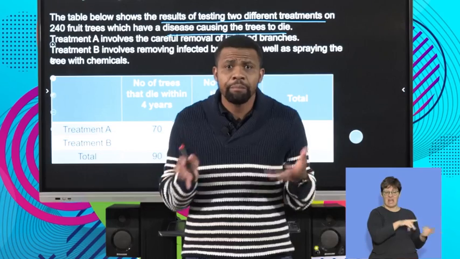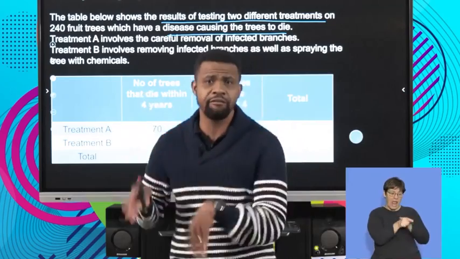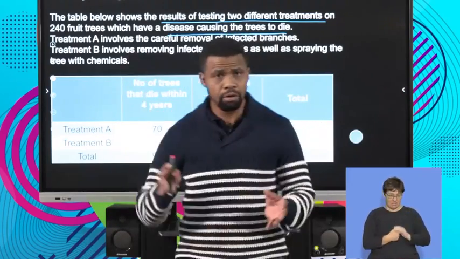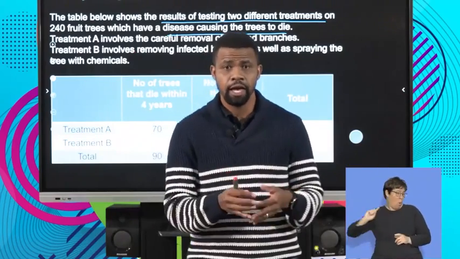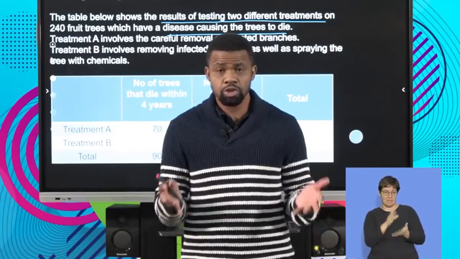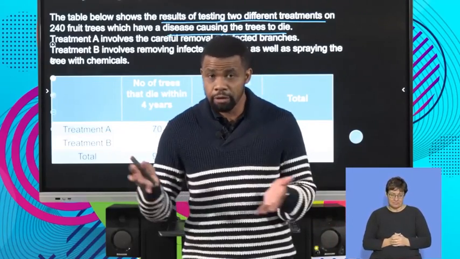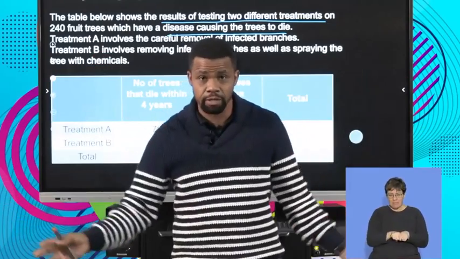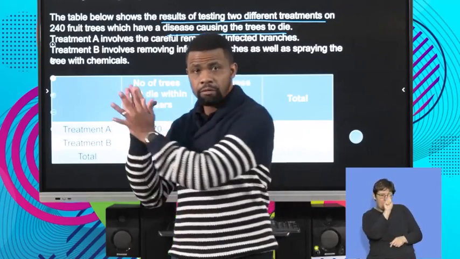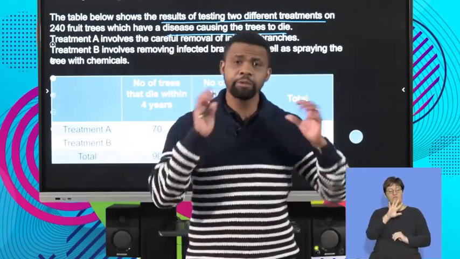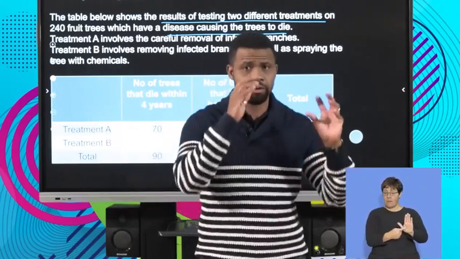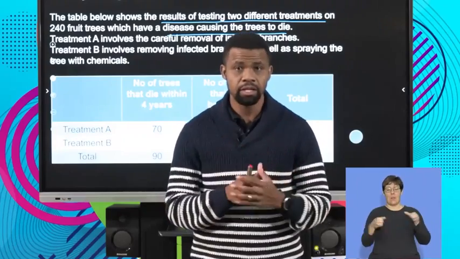We don't have the money or the finances to test each and every tree. So what do we do? We take a sample of 240, and from the 240, we can draw a conclusion. There's no way, even with COVID-19, to test each and everyone in the country. You do it with a sample. The bigger the sample, the better your conclusion, or the more reliable that conclusion is.